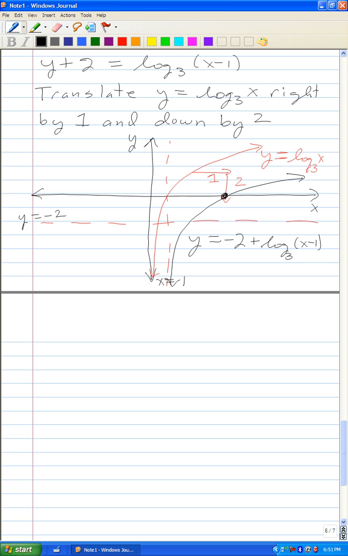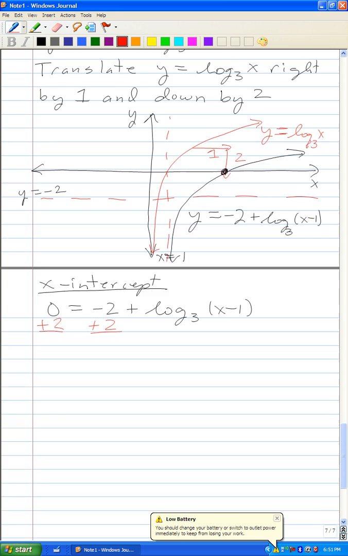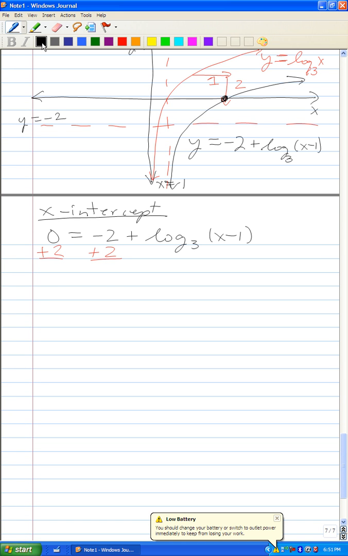And so let's find the x-intercept. Let's replace y by 0 and solve for x. Add 2 to both sides of your equation. 2 equals log base 3 of x minus 1. And so let's rewrite this in exponential form.